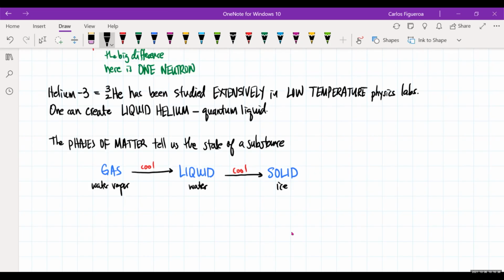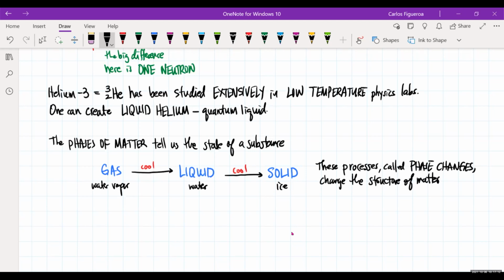And so what you're seeing here is that these processes called phase changes change the structure of matter.